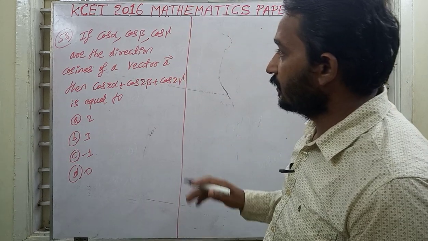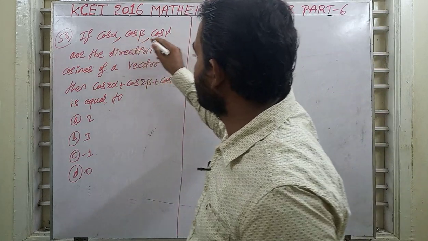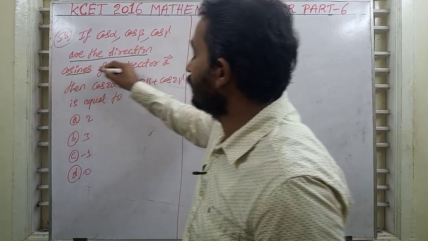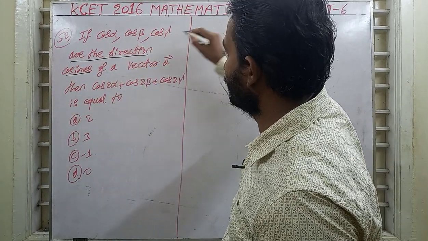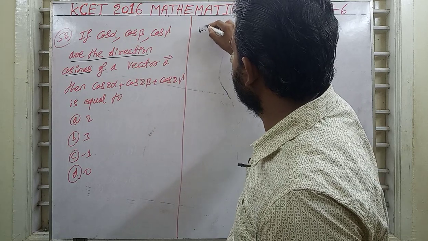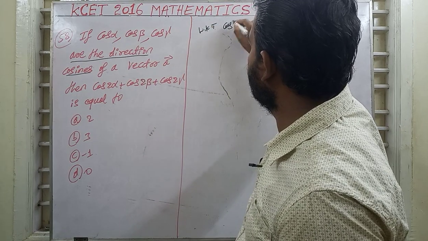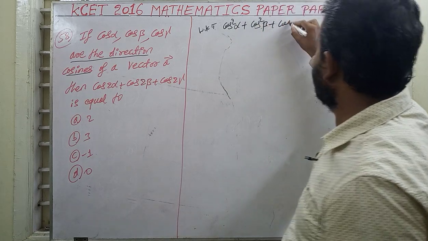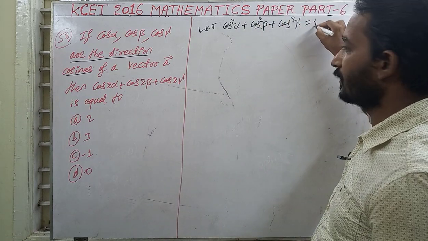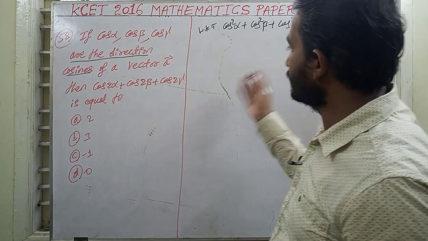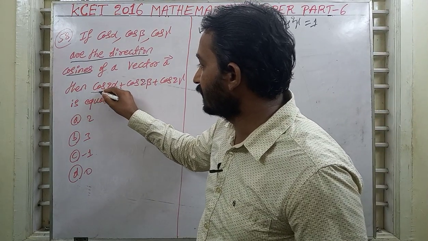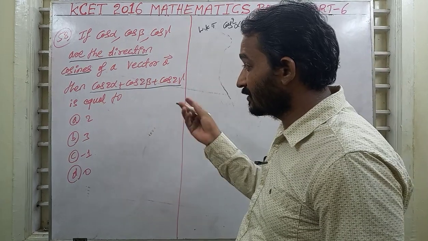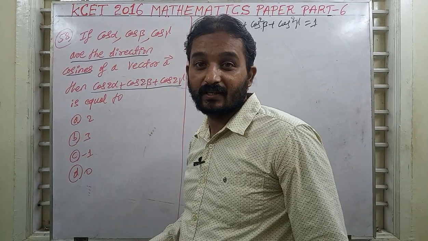If cos alpha, cos beta, cos gamma are the direction cosines, we know the formula on the basis of direction cosines: cos square alpha plus cos square beta plus cos square gamma is equal to 1. Using this condition we have to find the value of cos 2 alpha plus cos 2 beta plus cos 2 gamma, also using trigonometry formulas.